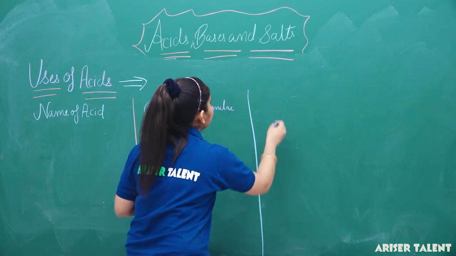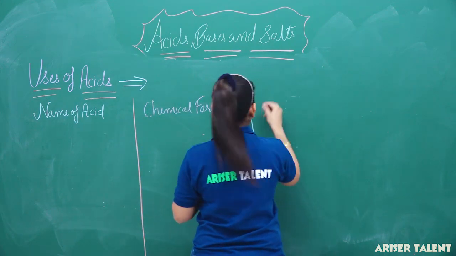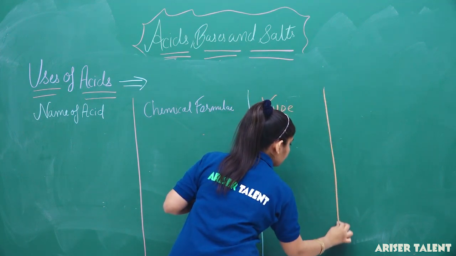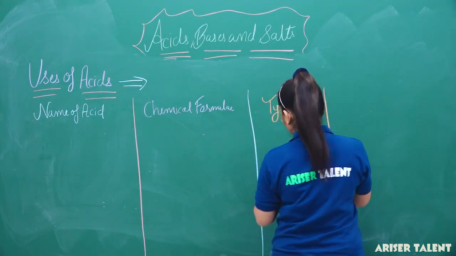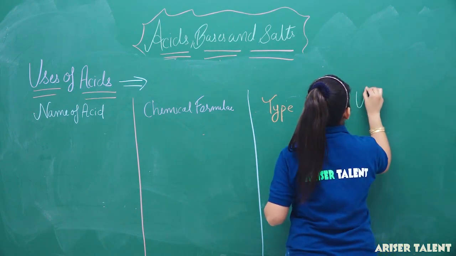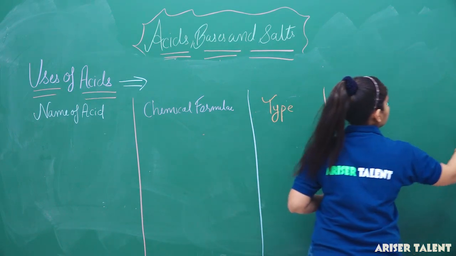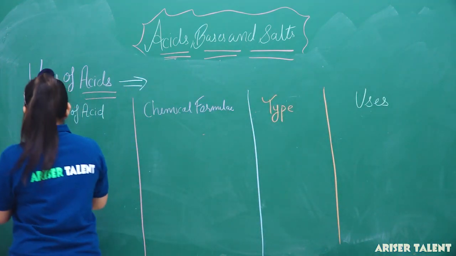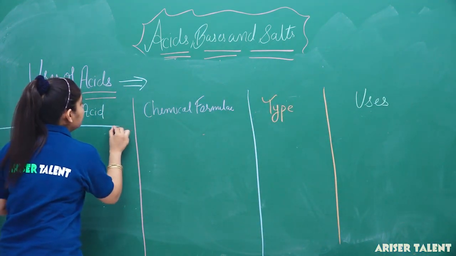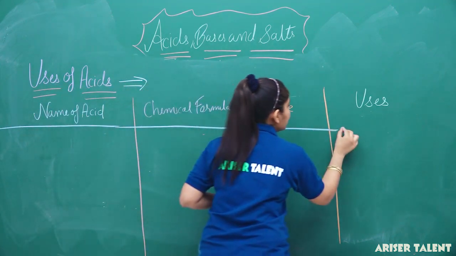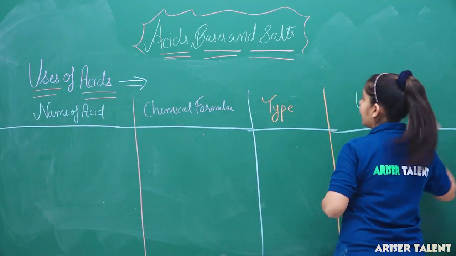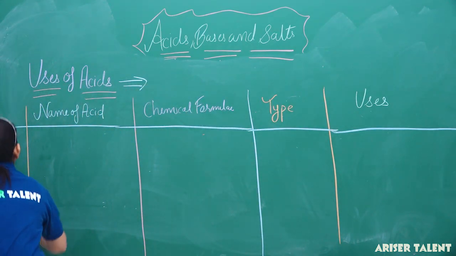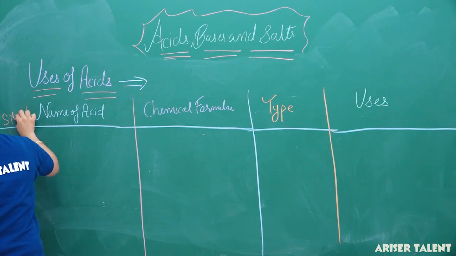Next we are writing its type. Then we are moving to our last, that is its uses. Now we have different mineral acids we will discuss today, and in the next session we are going to discuss the organic acids. So our first acid in this category will be, here we are writing serial number.